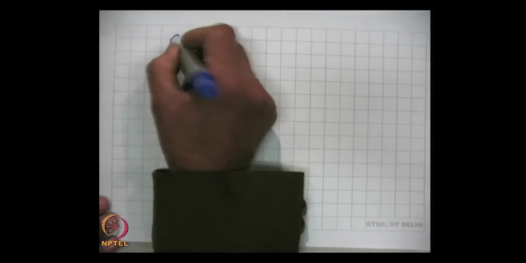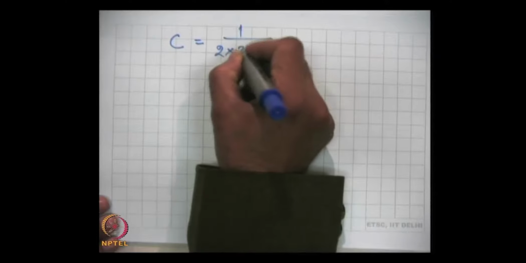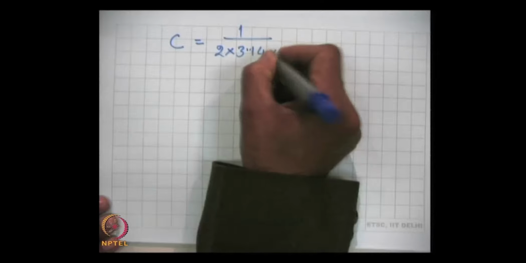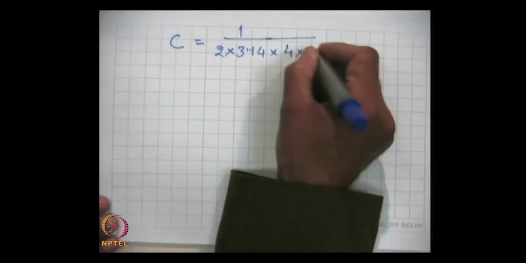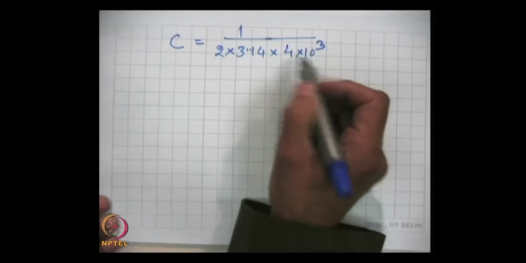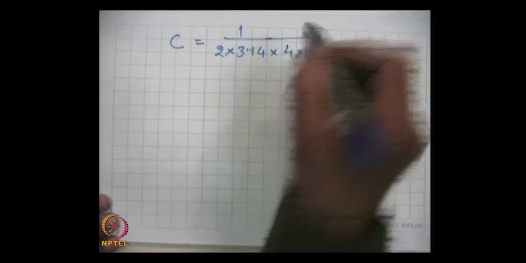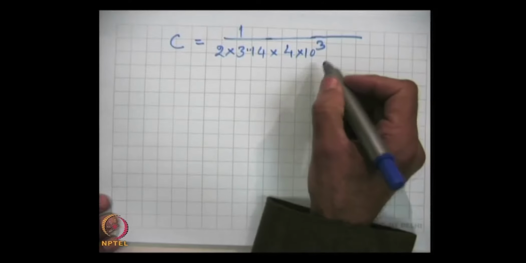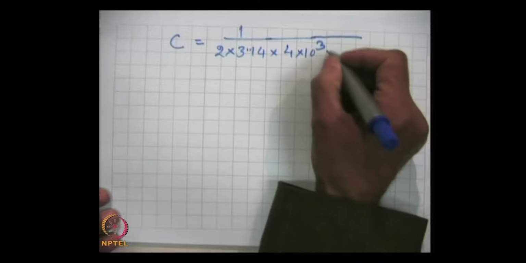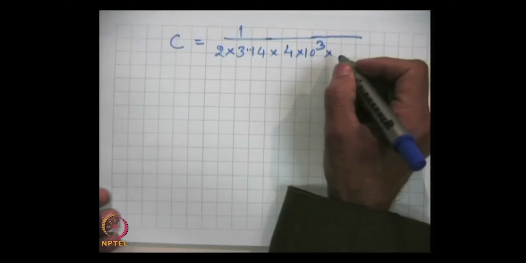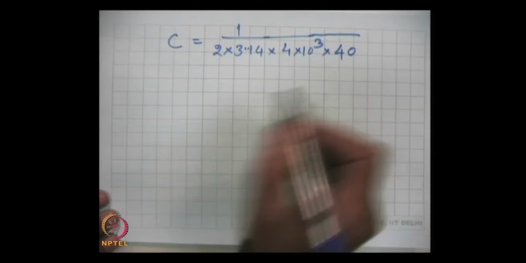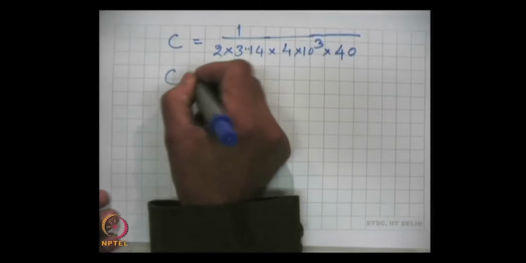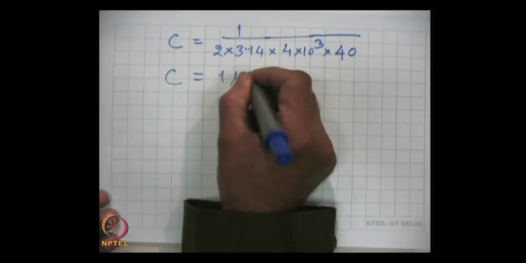C comes out to be 1 by 2 pi, which is 3.14, into the effective resistance, which is 4 into 10 to the power 3, because we have to substitute in proper units, and the proper unit for resistance is ohm, and into the frequency in hertz, so it is 40 hertz. When we calculate, C comes out to be 1 microfarad.